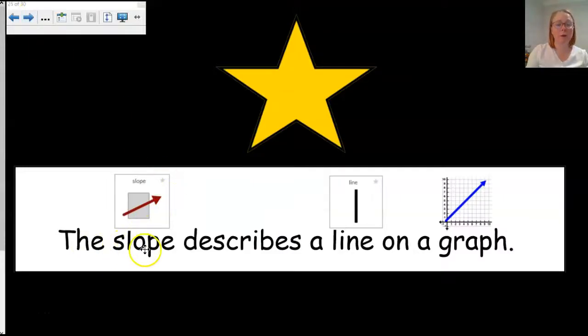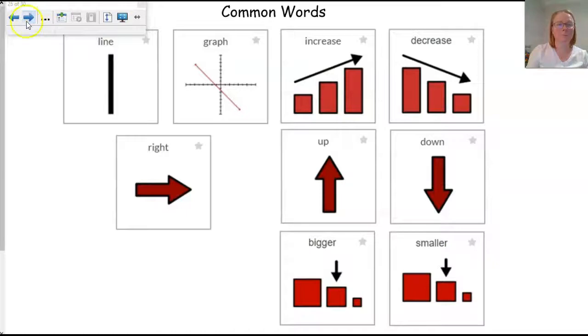Remember, the slope describes a line on a graph. The common words we used today were line, graph, right. Then different words that all mean to get bigger are increase, up, and bigger.